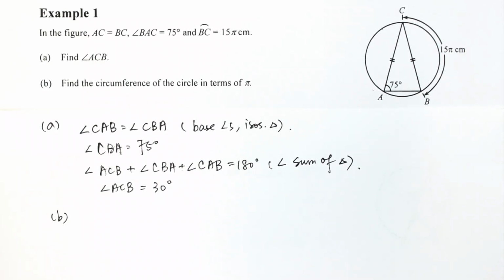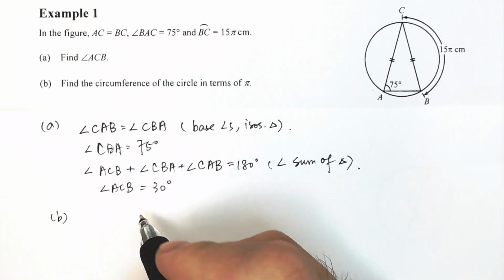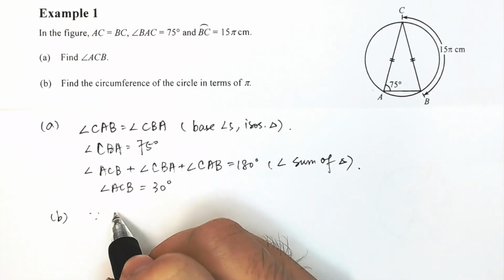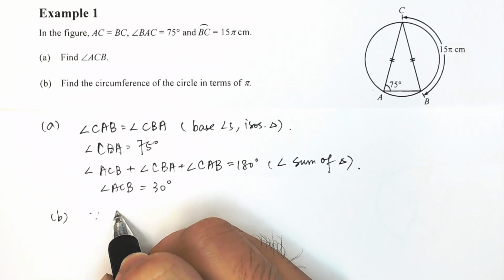Now for part B, you are asked to find the circumference of the circle in terms of pi. And in this question, you can do it in two ways. Number one, make use of the proportional relation between arcs and angles. To do that, we can first find the arc length of AC.